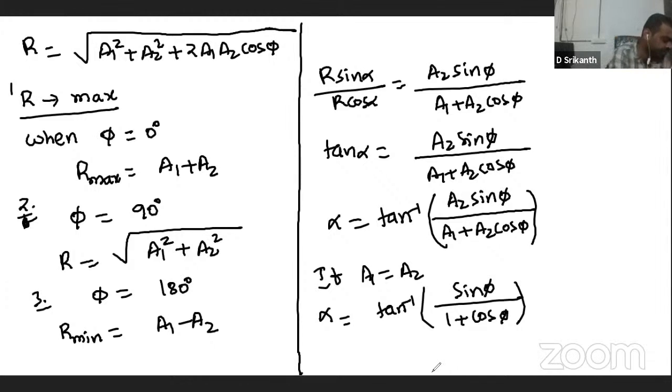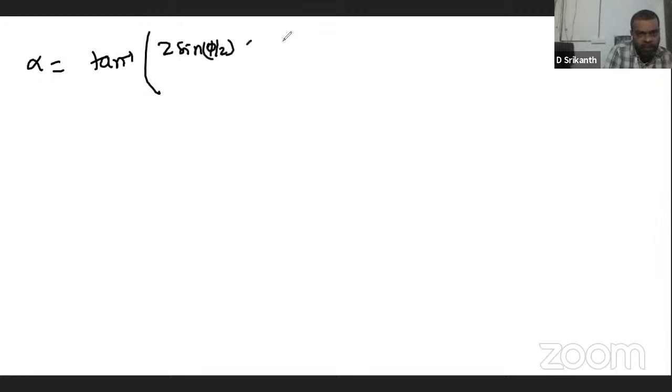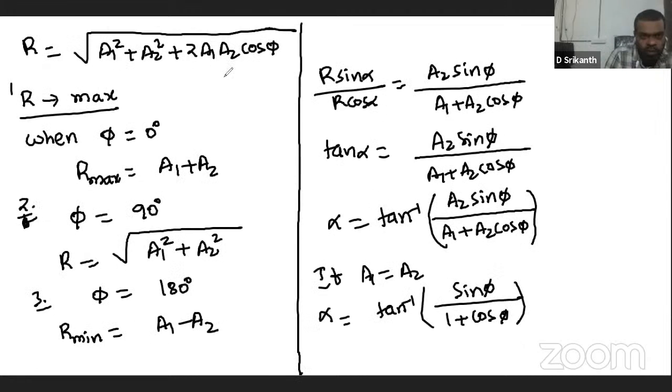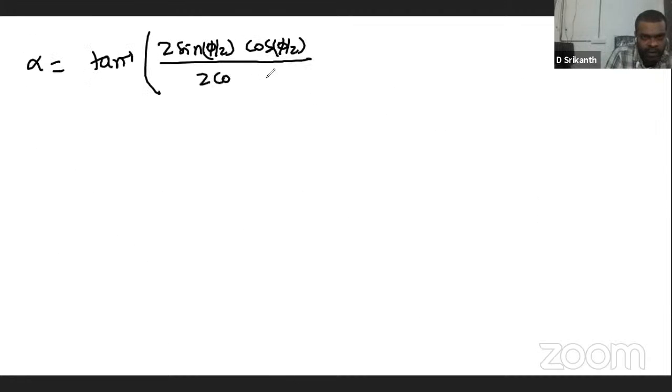Then alpha is equal to tan inverse of sin phi. I'll write into submultiple angle. That is 2 sin phi by 2 cos phi by 2. 1 plus cos phi, I'll write into submultiple as 2 cos square phi by 2.